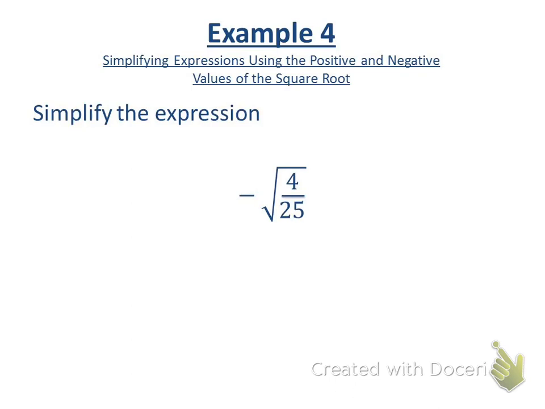What is this asking for? The negative square root of 4/25. What is the negative square root of 4/25? It is negative 2/5. Because this is asking us for the negative square root, we're guaranteed that we're going to have a negative answer. The negative square root of a number is negative. The principal square root is positive.